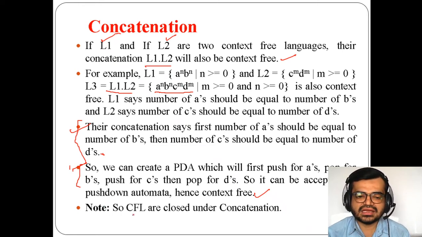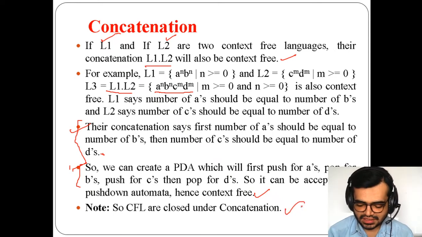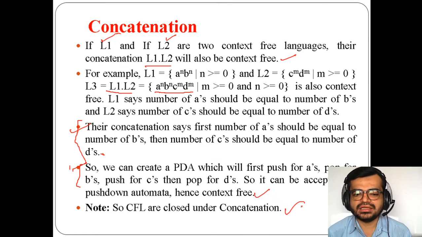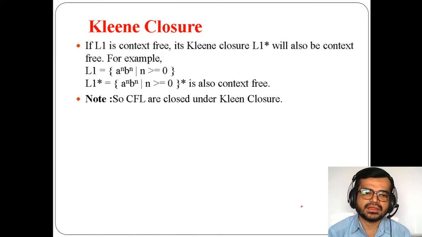So what you can say is that context free languages are closed under concatenation, because it satisfies the property of having L3 as a context free language.